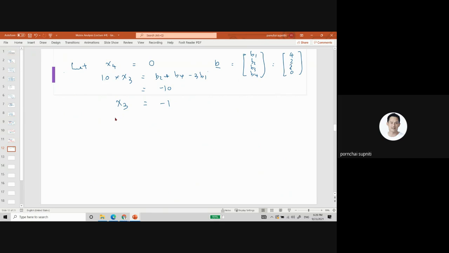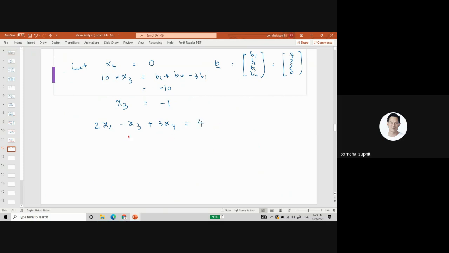Then next we look at the second row. For the second row we have 2x2 minus x3 plus 3x4 is equal to 4.